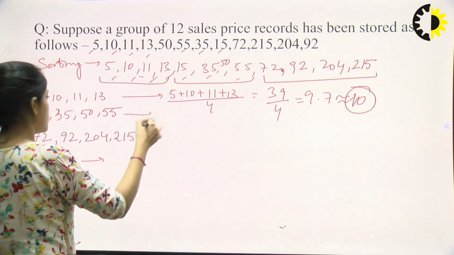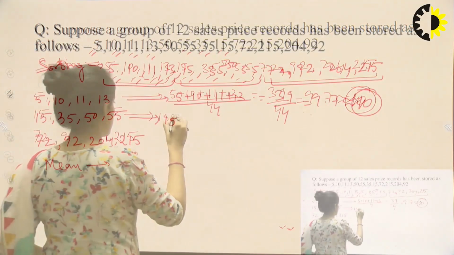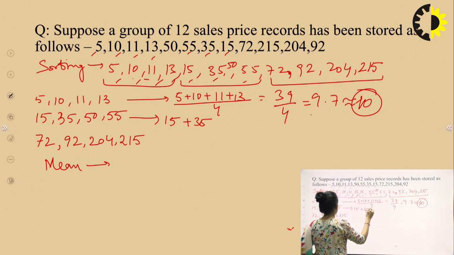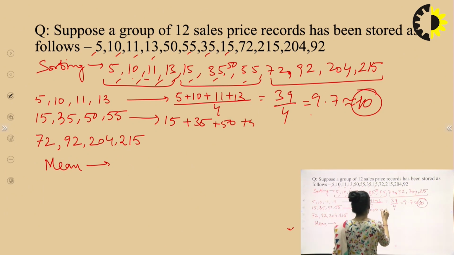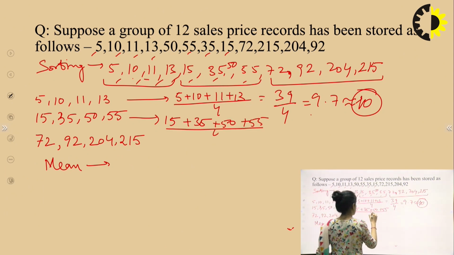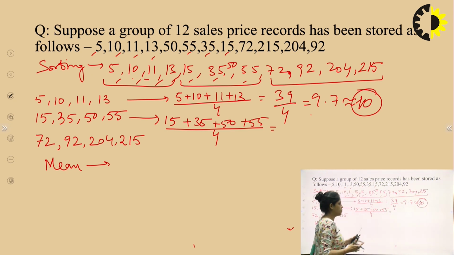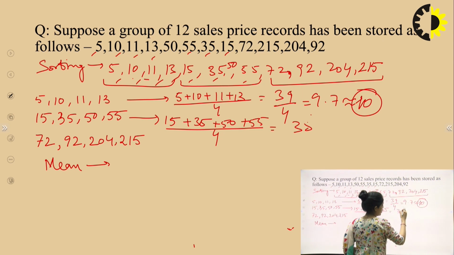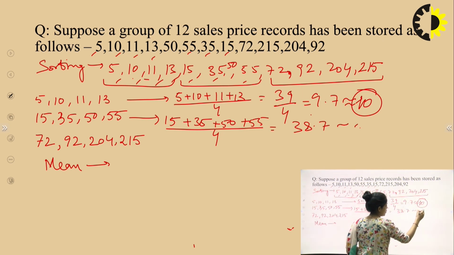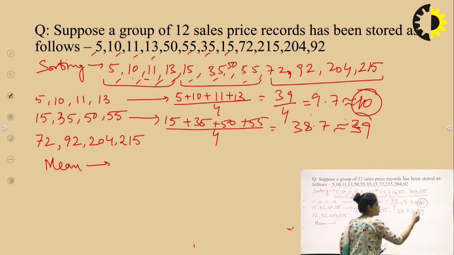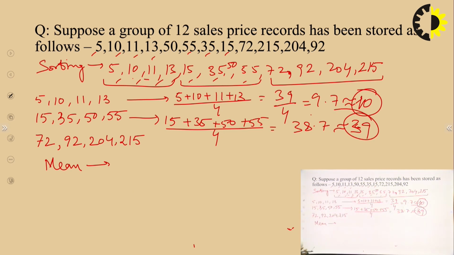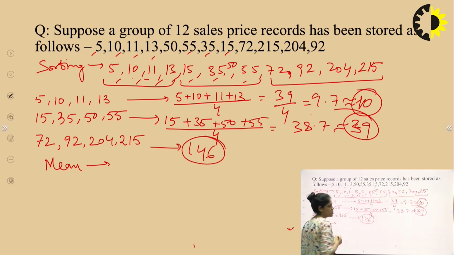In the same way, 15 plus 35 plus 50 plus 55 divided by 4 is 38.7, which is approximately 39. For the last one, it is equivalent to 146.